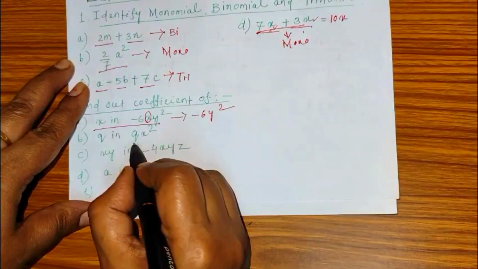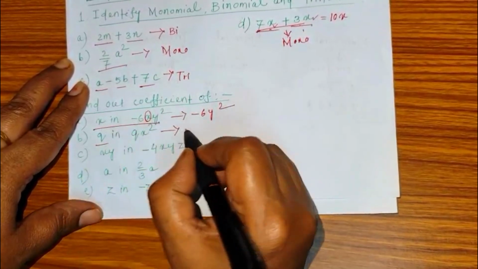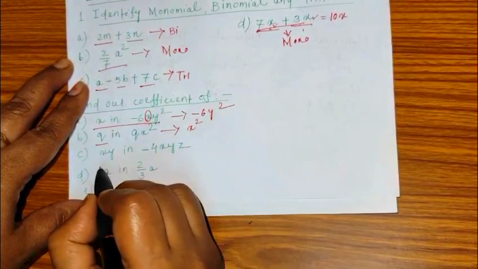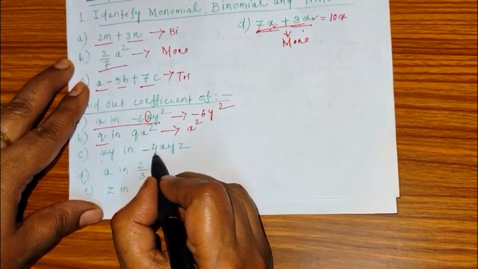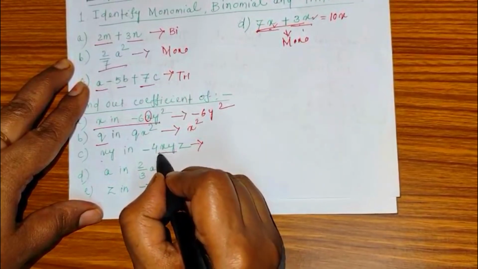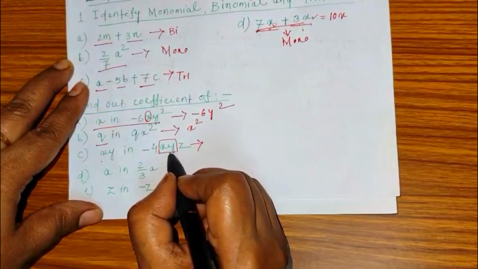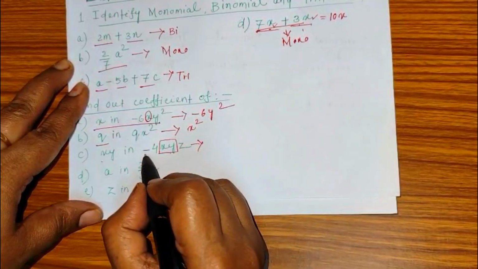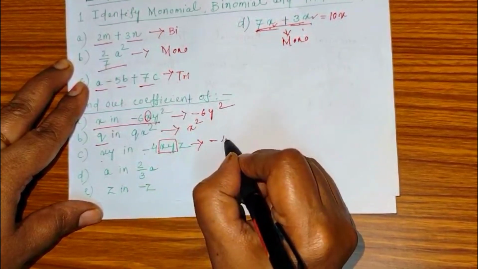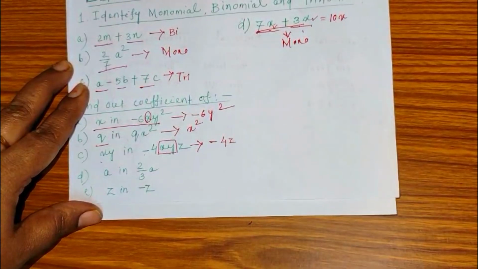Next, q in qx square. Coefficient of q in qx square is x square. Here xy in minus 4xyz. Remove this xy because they are asking you the coefficient of xy. So what is left? Minus 4z. So the coefficient of xy is minus 4z.